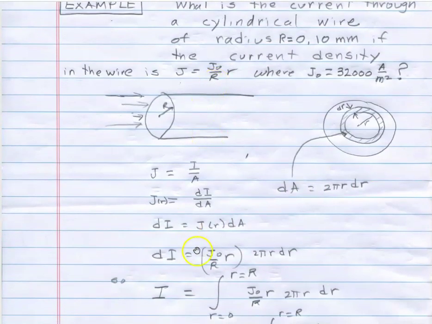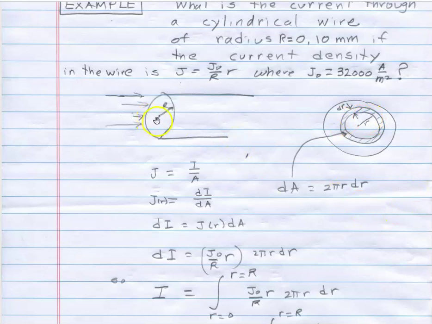J is J naught R divided by little r, so plug that in, substitute that. And then dA is 2 pi r dr. And again, that's only the current going through this little piece out at a distance r from the center.